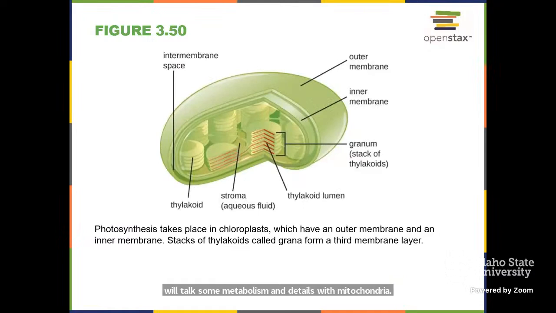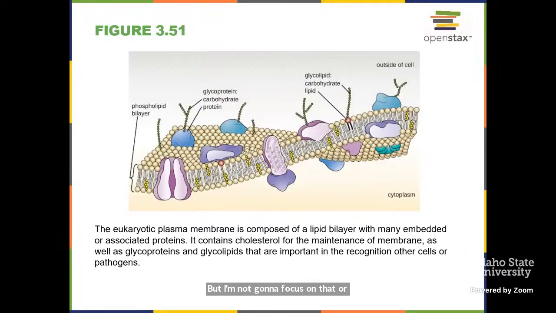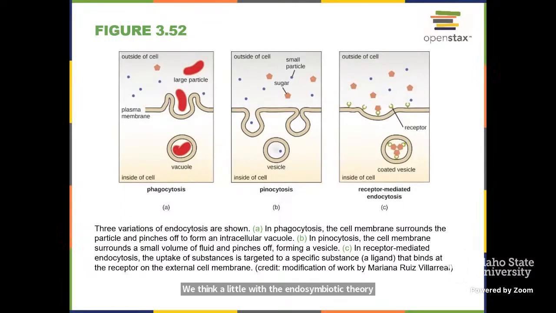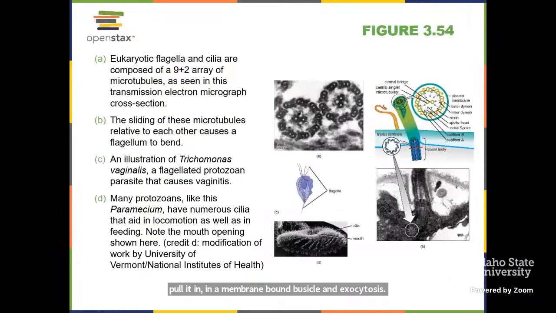Chloroplasts and the mitochondria, we think a little with the endosymbiotic theory. I think we showed some of that previously. And then the endocytosis is bulk movement of stuff, whether it be eating or drinking, things that can't just readily get into that cell through passive or active transport. We pull it in a membrane-bound vesicle, and exocytosis pushes it out, right? The removal of that stuff.